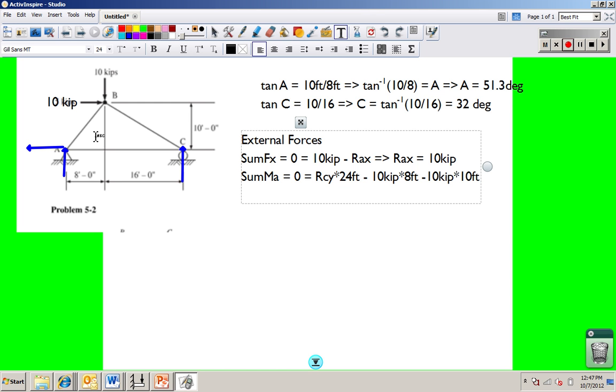Okay. So when I rearrange all that, I'm going to get RCY is going to be equal to, let's see, 10 times 8 is 80, 10 times 10 is 100, 180, so it'll be 180, that's divided by, and that'll be kip times feet, divided by 24 feet.